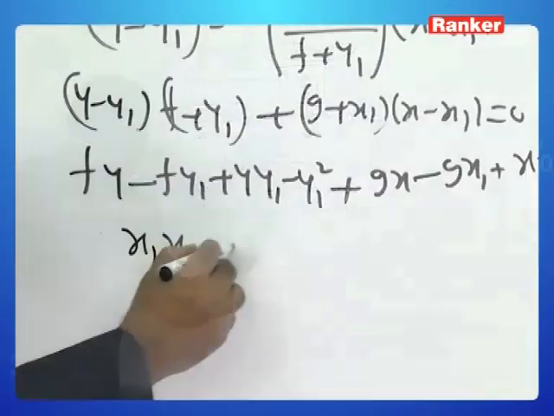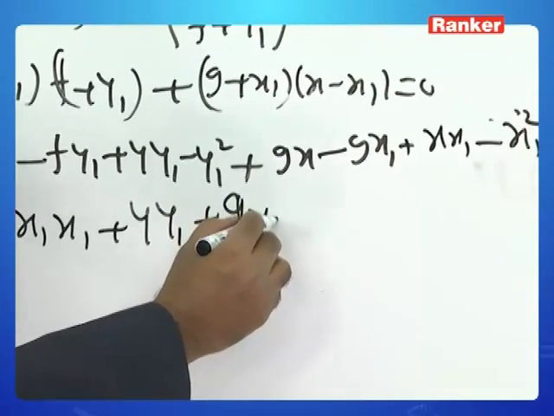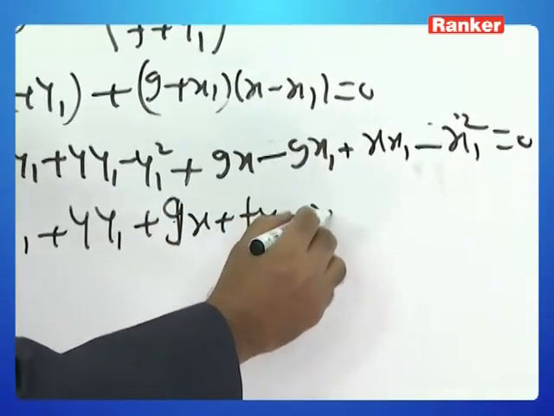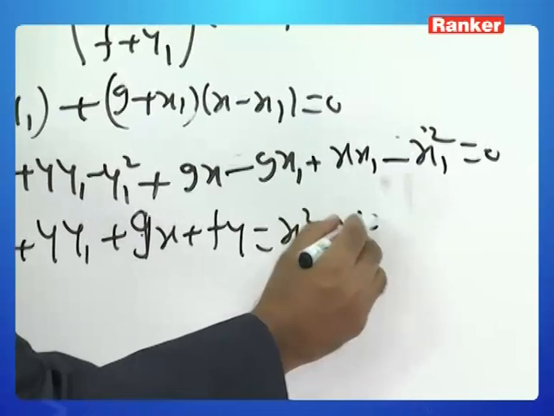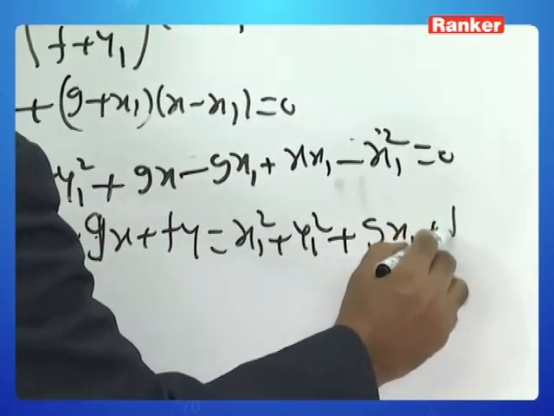Now I am going to write xx1 plus yy1 plus gx plus fy is equal to x1 square plus y1 square plus gx1 plus fy1.